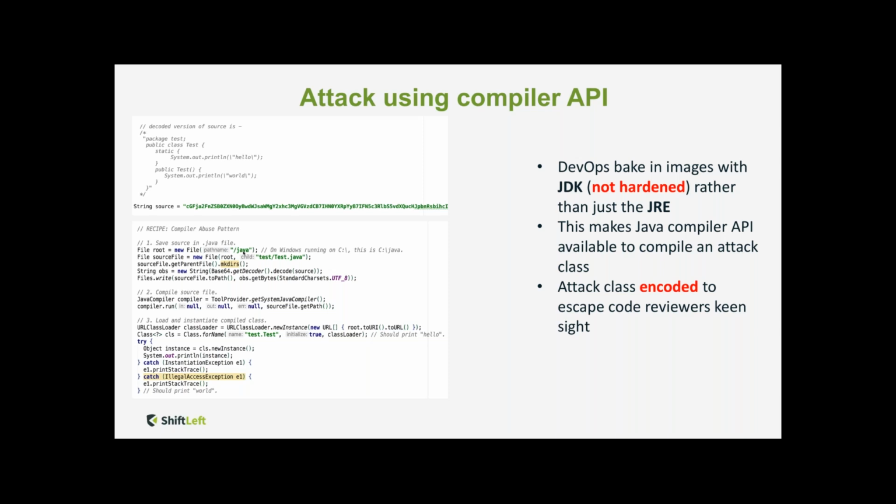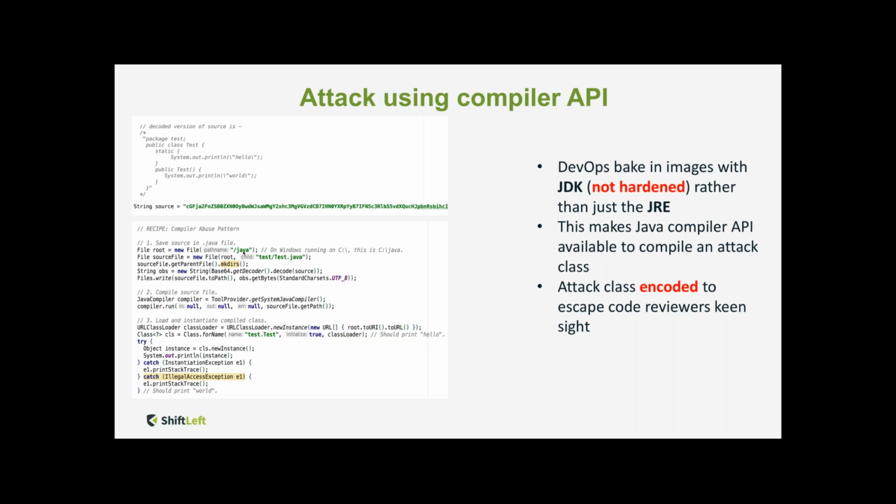Typically, if you're speaking JDKs and JVMs, for simplicity, DevOps bakes images of the JDK, typically not hardened, into your Docker containers or your physical or virtual appliances, upon which your applications are deployed.